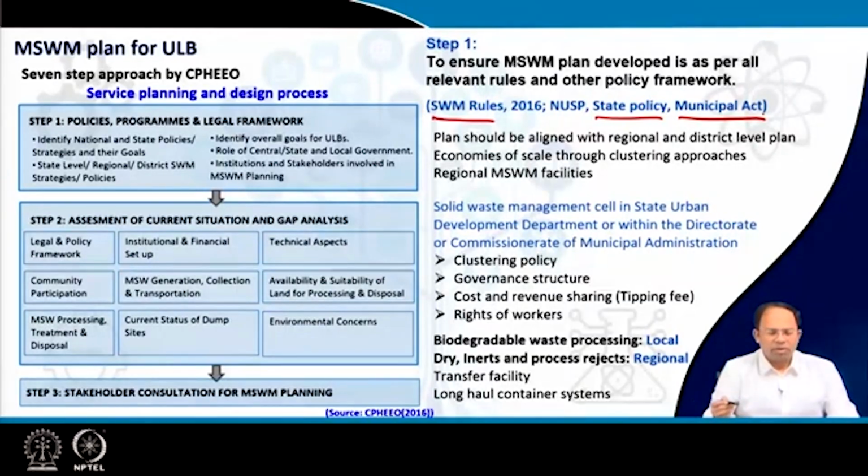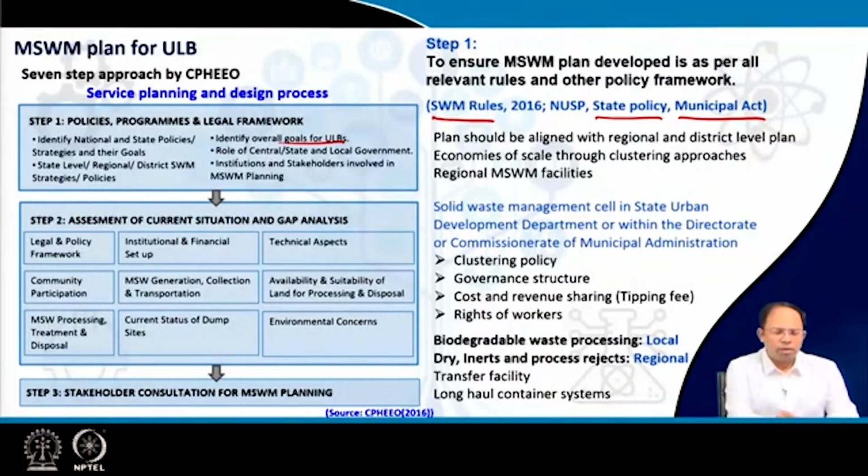So this is all what we have to follow, and not only that, we have to understand what are the goals of that ULB. We have talked about the general guidelines that have to be followed for plan preparation, but every ULB can have some specific guidelines that have to be followed.